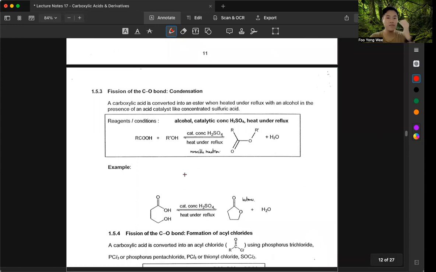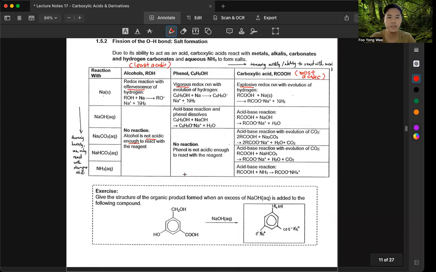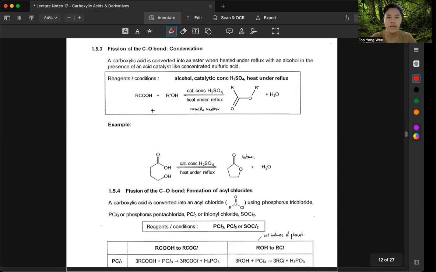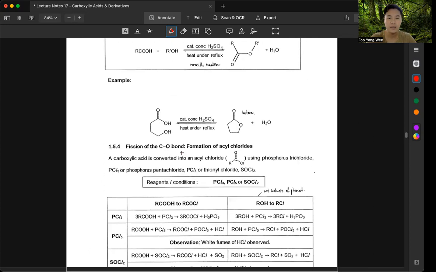Now, another reaction that involves the CO bond fission is condensation. The previous one was salt formation. This one is condensation. So we can convert it to an ester when heated under reflux with an alcohol using concentrated sulfuric acid. This is another example.